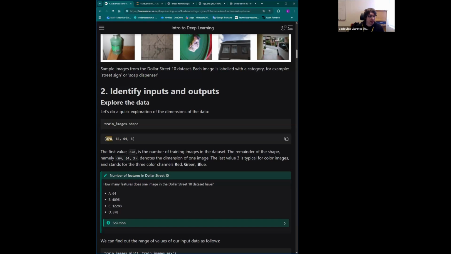And here what is happening is something similar. What we're seeing is that we have 878 images in our dataset, and each image has this shape, 64 by 64 by 3. What this means is that each of these images is 64 pixels tall, 64 pixels wide, and every pixel has three components, red, green, and blue, because these are color images.